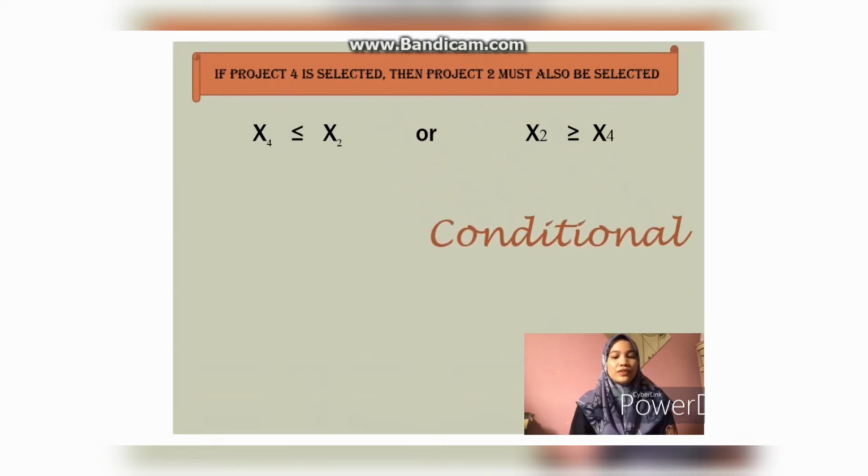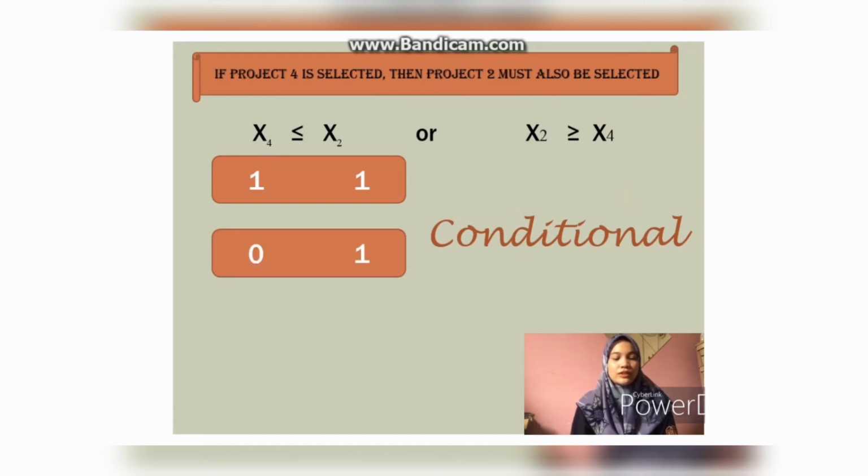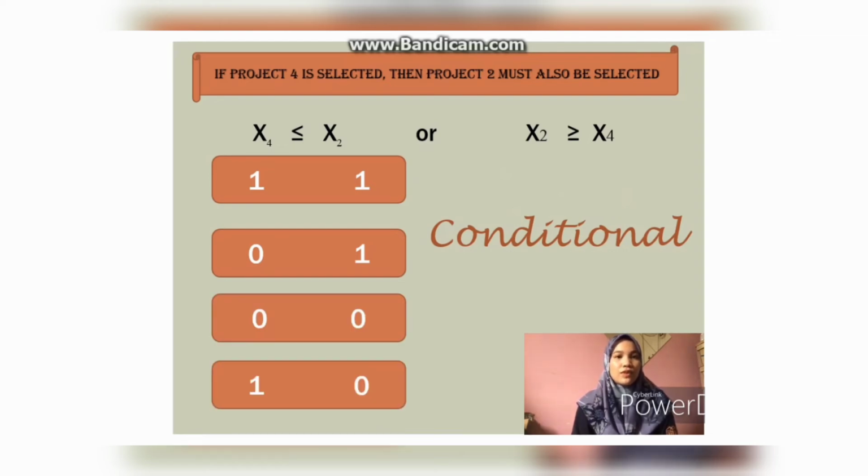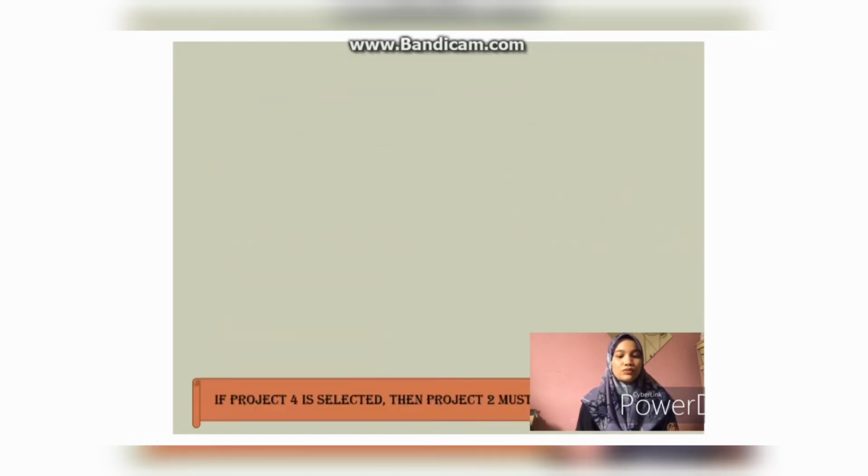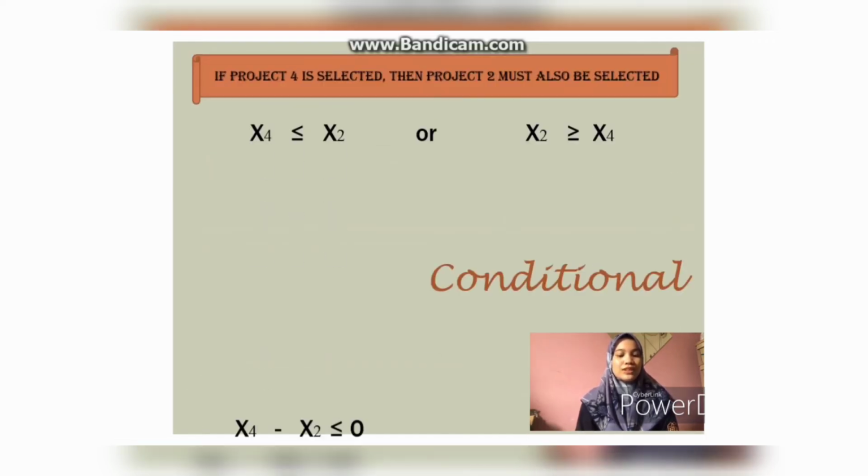Think of it as needing to take its prerequisite course 2 before being allowed to take course 4. You can take 4 if you have 2. You can take 2 without 4. You can take neither 2 nor 4, but you cannot take 4 without 2. This is also written as x4 minus x2 less than or equal to 0.